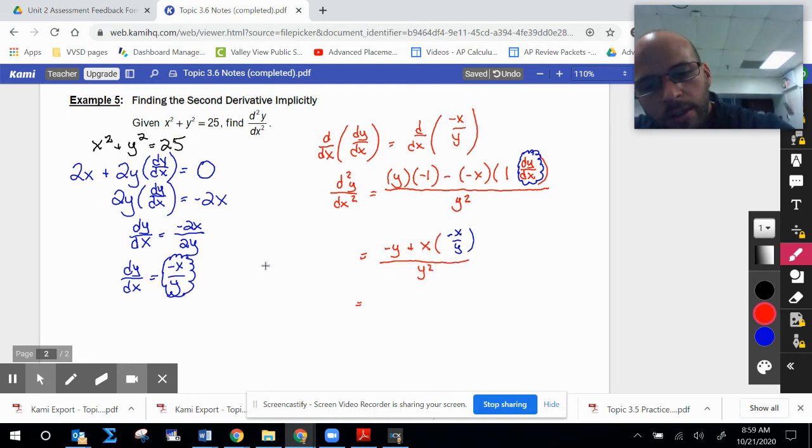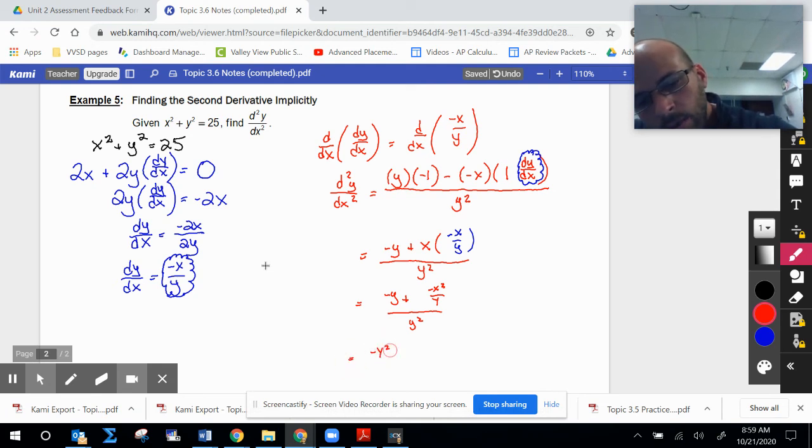Now we can make this look a little better. So I'm going to say negative y plus a negative x squared over y, all over y squared. I can even get common denominators.